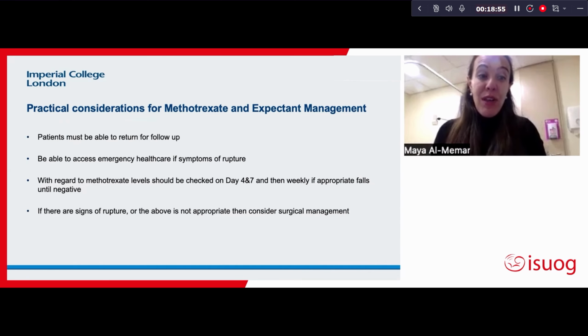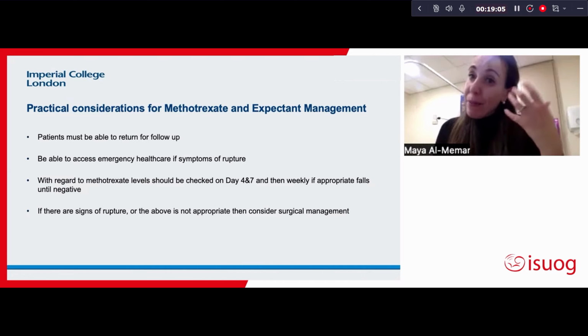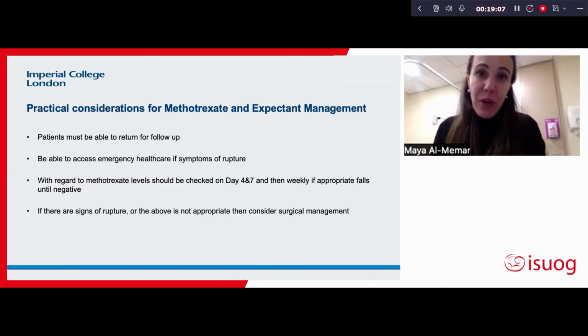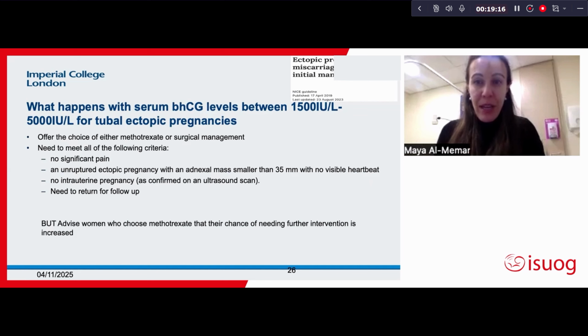And of course, if there are signs of rupture or the above is not appropriate, then we have to think about surgical management and access to surgical management. So clearly, this is really, really important, and we need patients to engage in this follow-up for their safety. This needs to be discussed and assessed prior to agreeing this form of management.